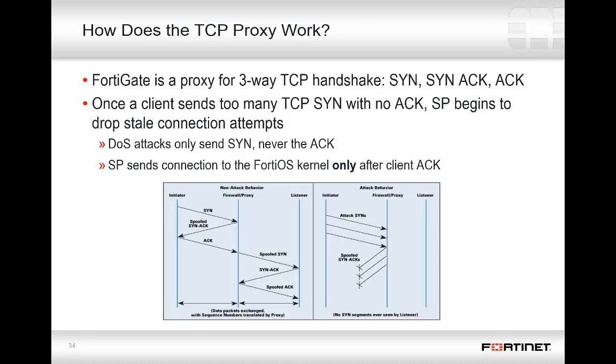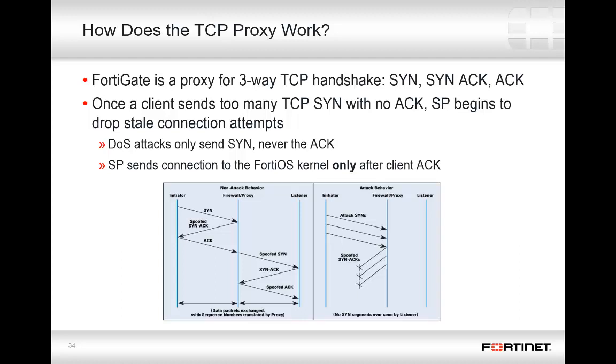Third, if the client sends an ACK before the timeout, and normally this completes very quickly, in less than a second, then it completes the handshake. So the SP forwards the connection entry to the kernel, and therefore to the FortiGate CPU and RAM, after which FortiGate forms a secondary TCP connection with your backend server once the handshake has finished.